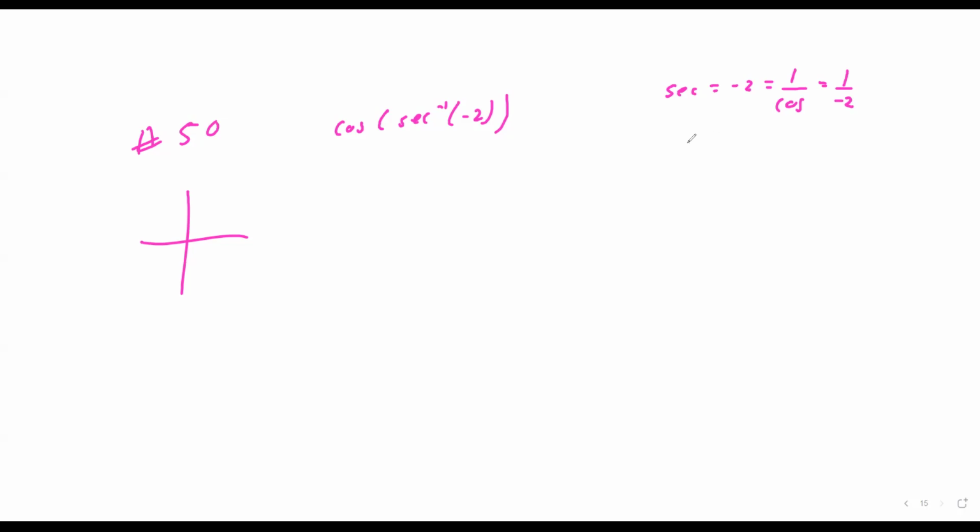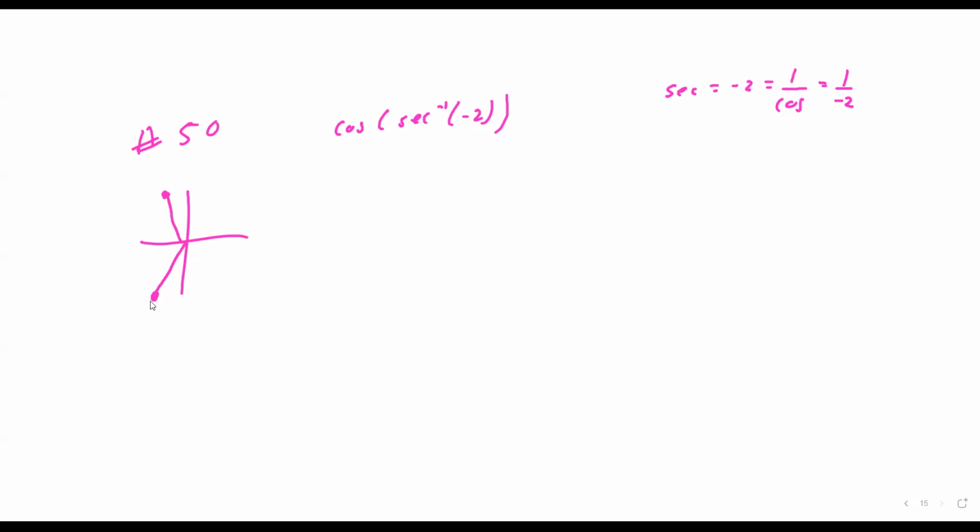So in this case here, we can say cosine equals -1/2 right here. Actually, cosine equals -1/2 here and here.